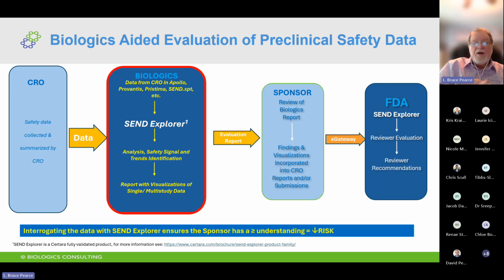And the sponsor can incorporate some of this information into the final GLP tox study reports in agreement with the CRO and included in their submissions to FDA.